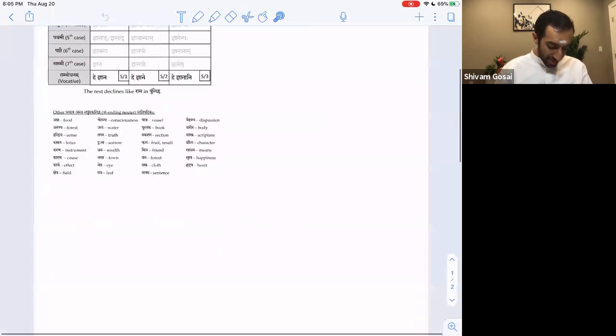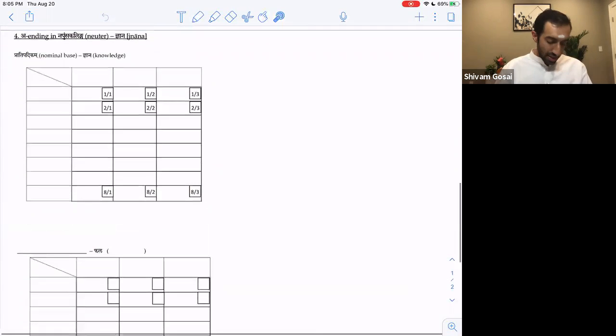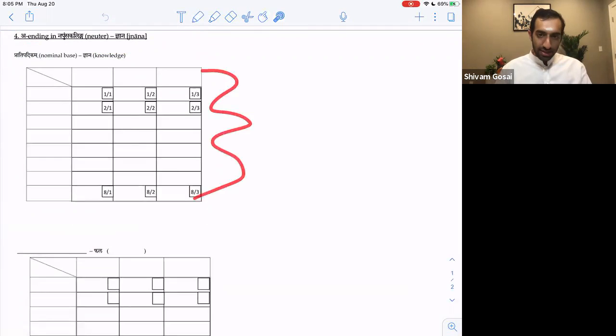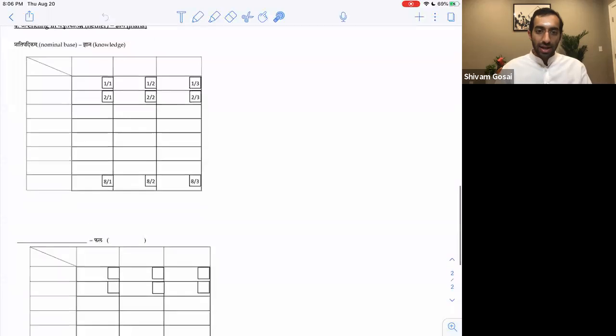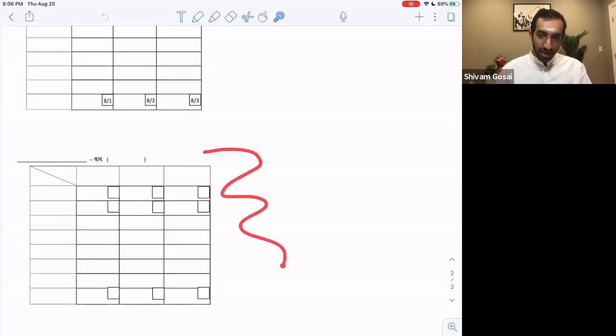And then also there's an exercise, no, I'll just leave it at that. I don't want to give too much homework. But if you look in the workbook, there's also these sections. It's section number 4. It says ending in napumsaka jñāna śabdha. But then you can fill in this jñāna. Try to do it by memory. And then there's also phala. Try to do phala by memory.